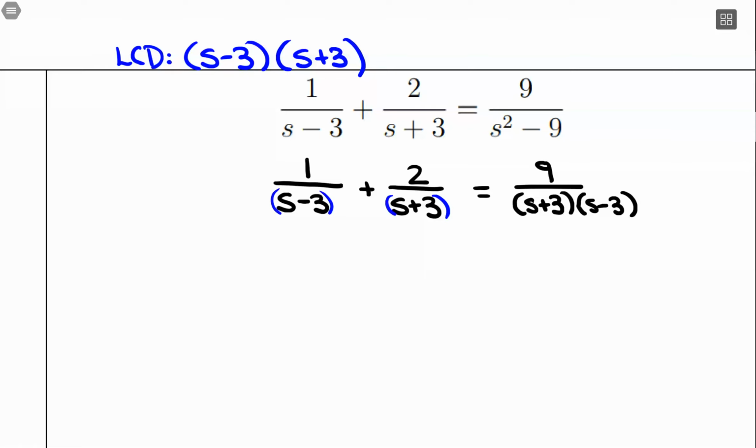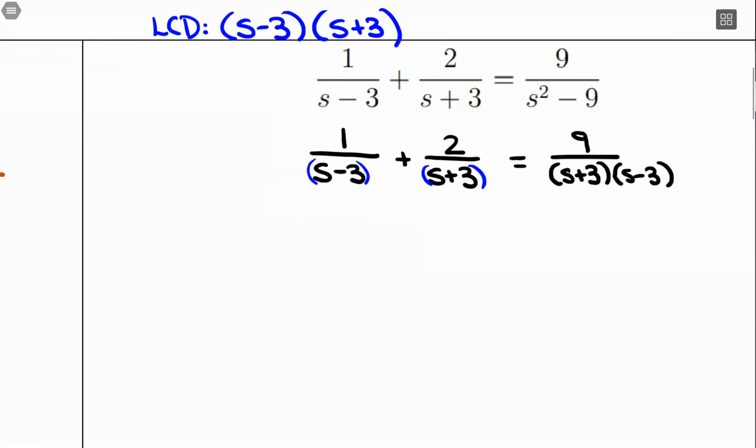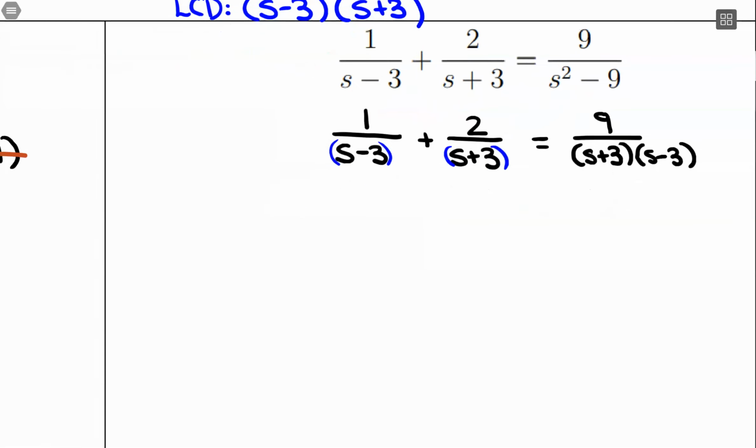So we're going to multiply the entire left-hand side and the right-hand side of the equation by s minus 3 times s plus 3. What that will look like is on the left-hand side it would distribute. Anywhere you have separation by addition or subtraction, it's getting multiplied by that least common denominator. So I'm going to write this out in an expanded form.